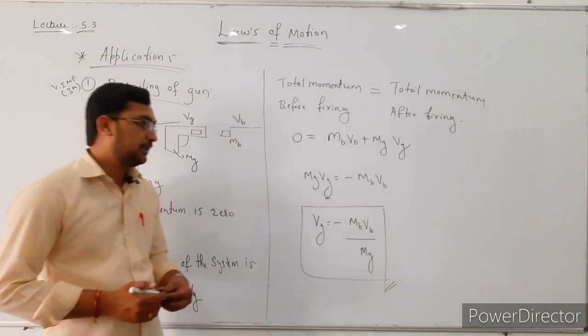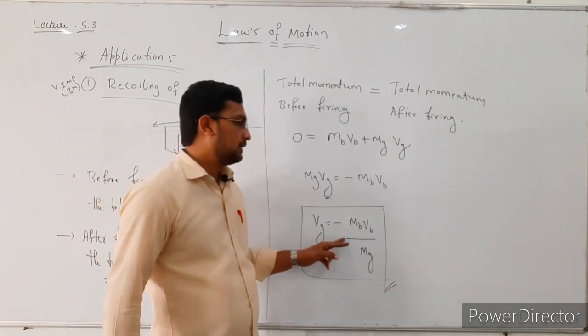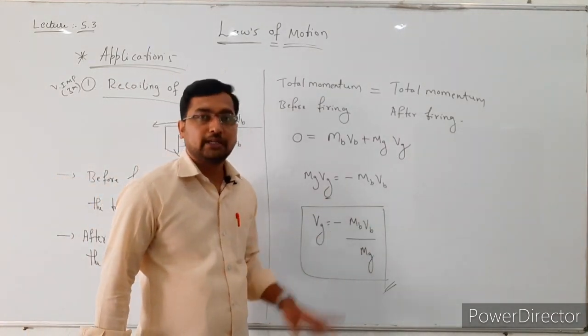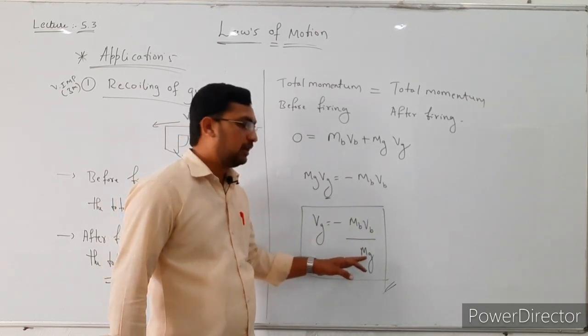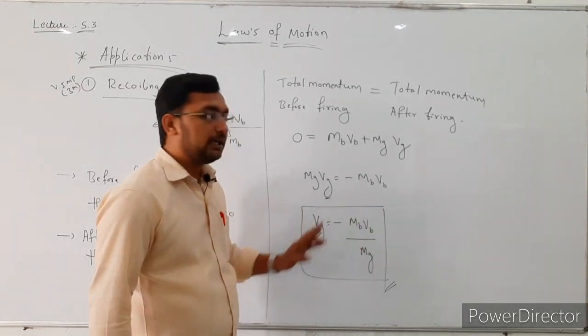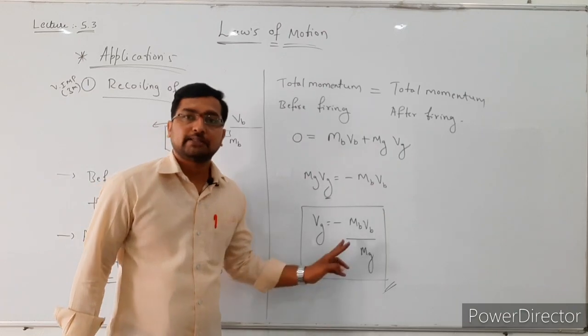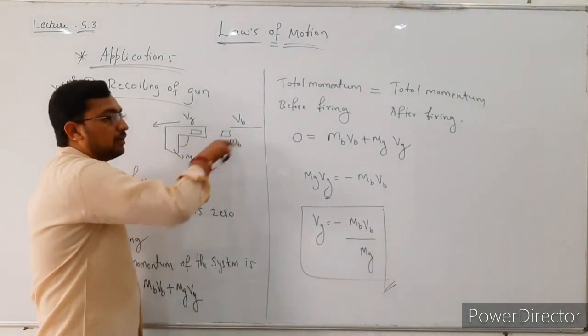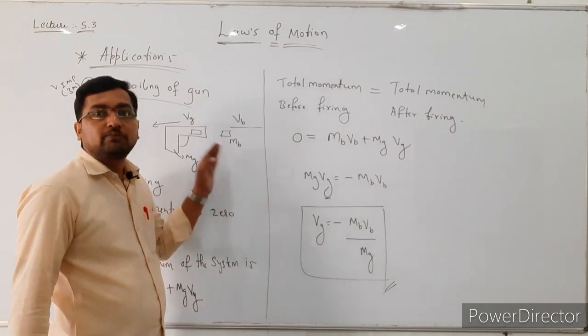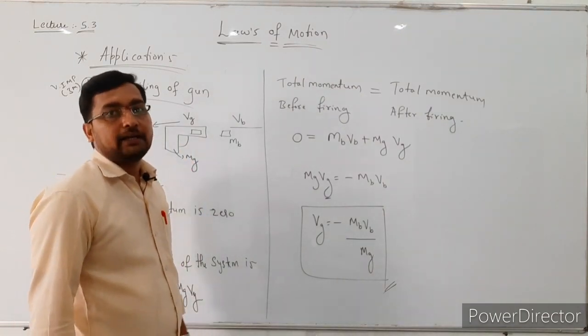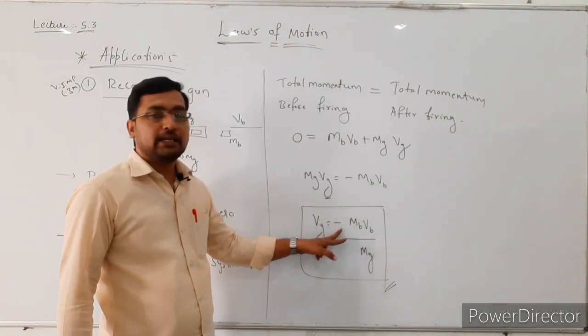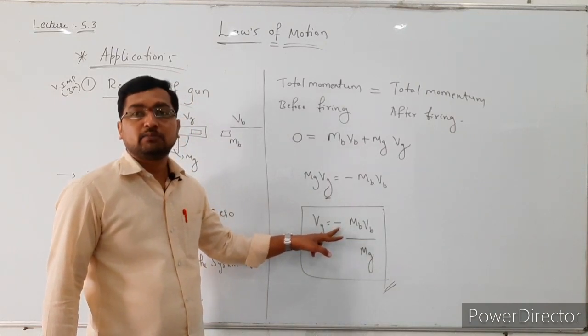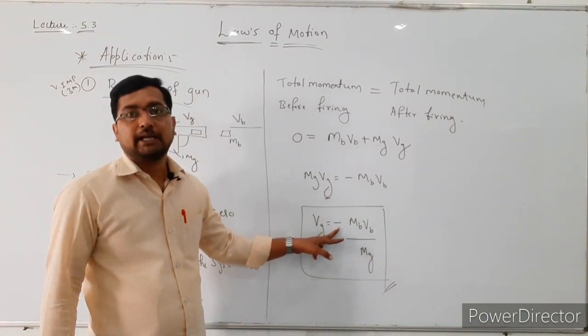The negative sign indicates the direction of the gun. If the bullet is moving in the forward direction, then the gun is moving in the backward direction.